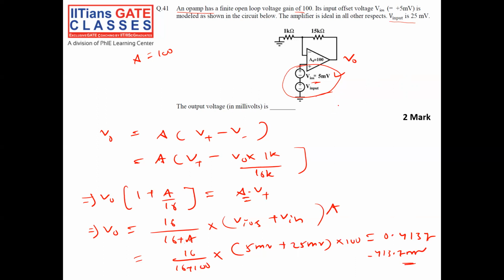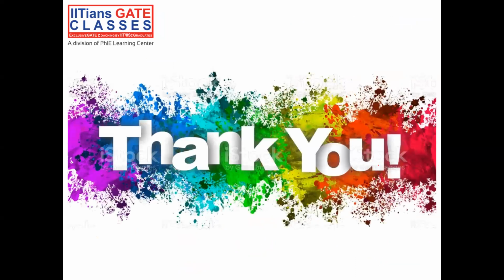Very easy question, right? Only thing you have to know is that the output when my gain is finite is A into V positive minus V negative. And V negative is nothing but a simple resistor divider, V0 into 1K by 1K plus 15K. Then the answer is easy. So the answer is 413 millivolt. Okay. I think that's all. Thank you guys.